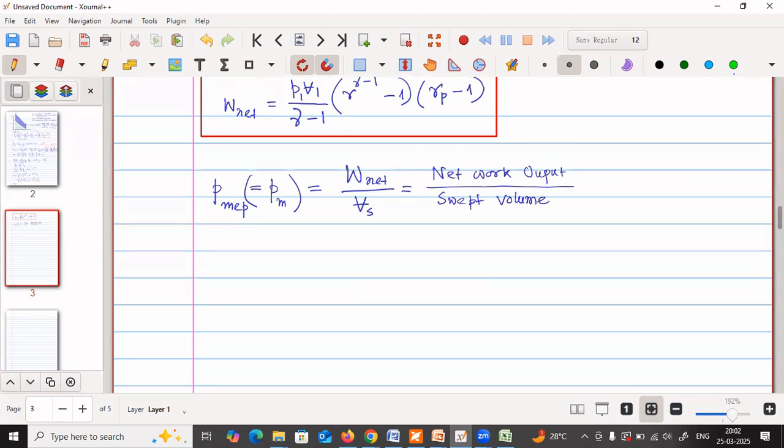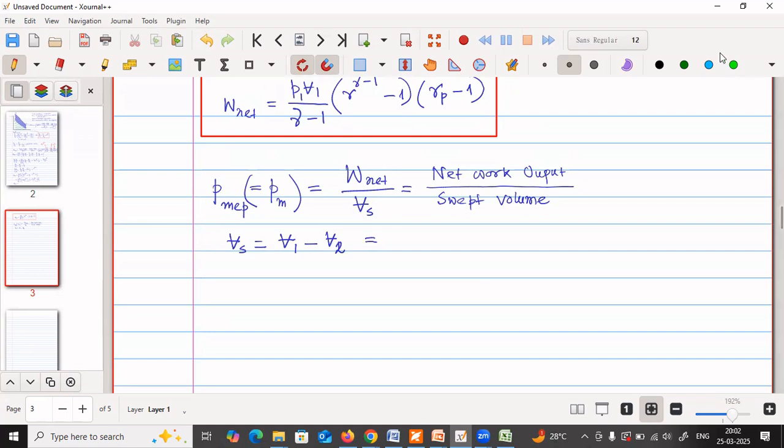Okay. Now what is Vs? Swept volume is equal to the volume at BDC minus volume at TDC. So this is V1 minus V2.